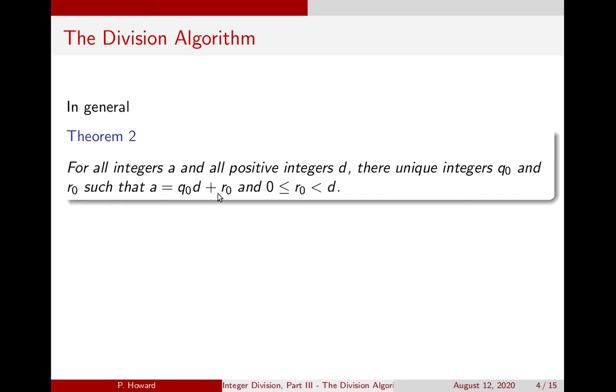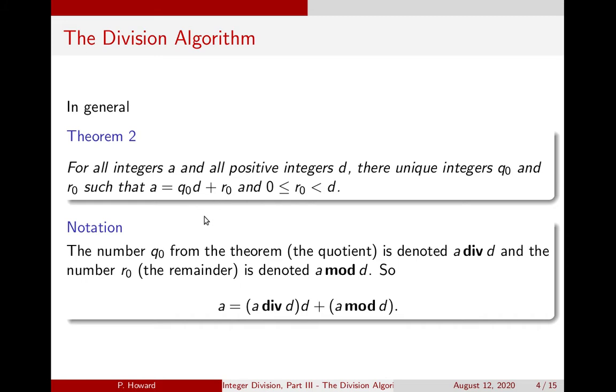And the results of the division are expressed like this. a is q0 times d plus r0. And the remainder has to be non-negative and smaller than the thing you're dividing by. So this is the equation that says you've divided a by d and gotten a quotient of q0 and a remainder of r0.